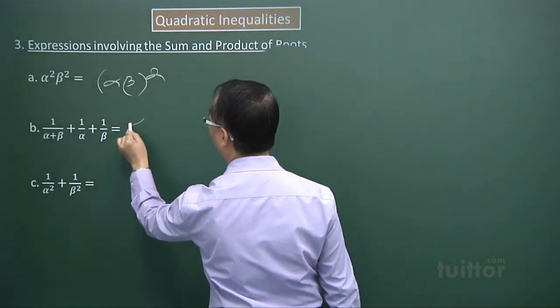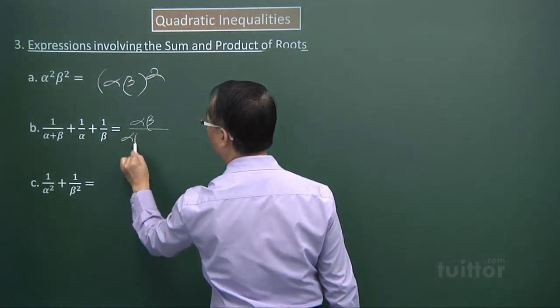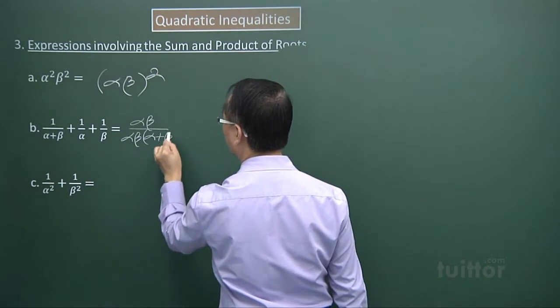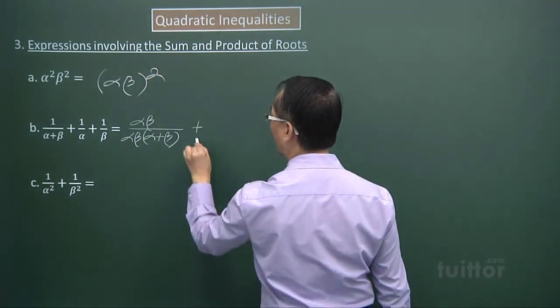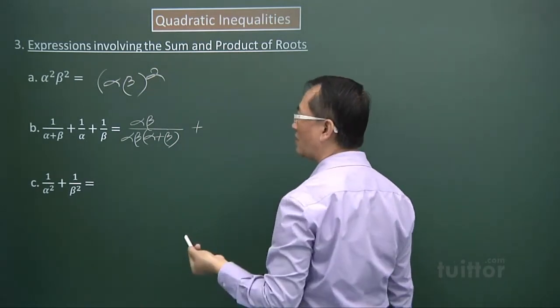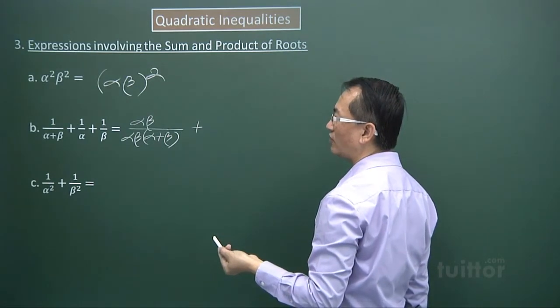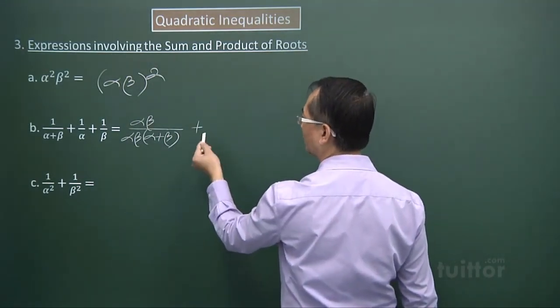I will have alpha times beta over alpha beta bracket alpha plus beta. The next fraction, I will have to multiply beta times alpha plus beta to the numerator and denominator of the fraction.